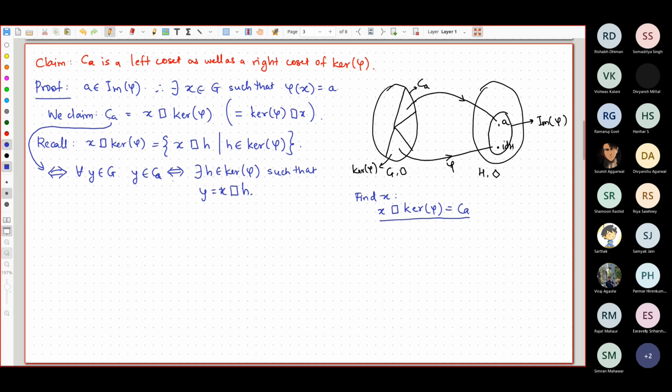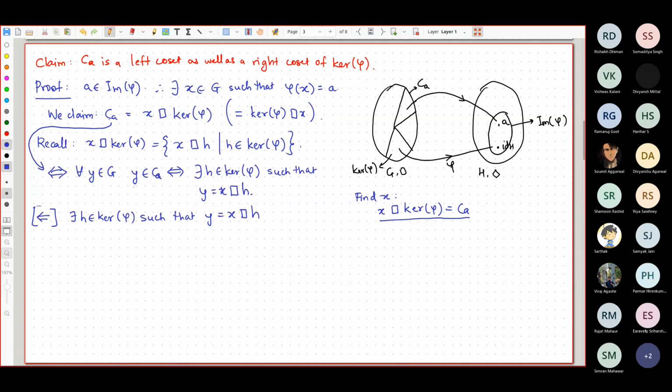Okay, so let us prove both directions separately. Let us do the right to left direction first. We are assuming that there exists h in kernel phi such that y is equal to x squared h. And now what do we want to prove?